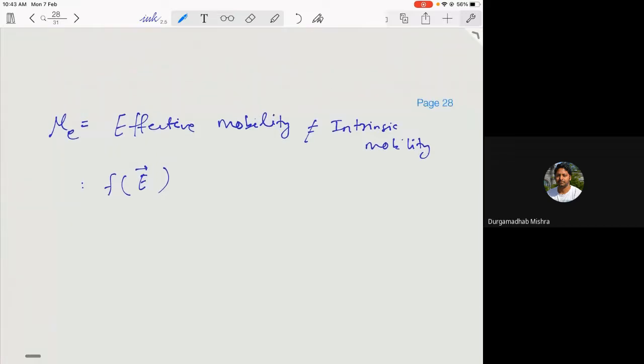Now this parameter one can also tune, and this is where we come to the two-dimensional materials. This effective mobility you cannot really change or increase that much in silicon. We already discussed that silicon has a moderate electron mobility.